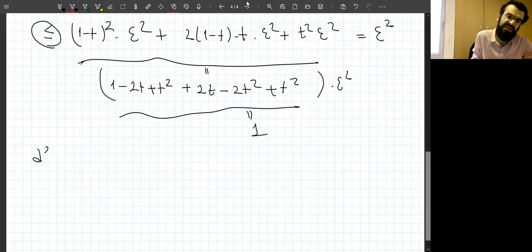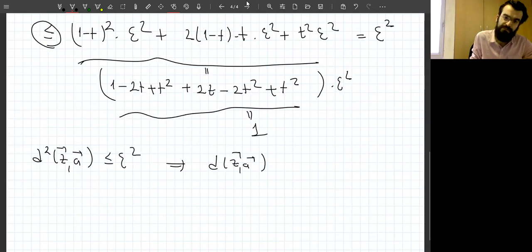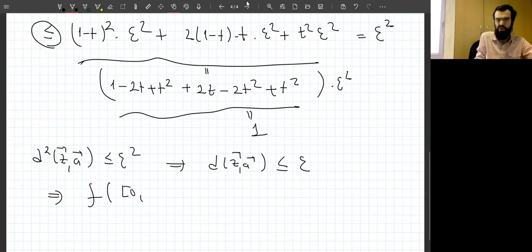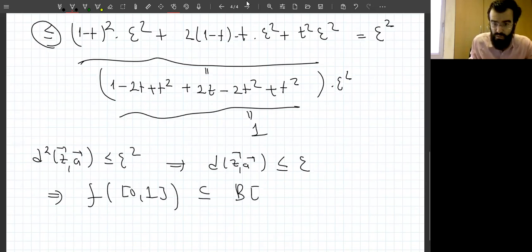We get d squared of z and a, it's a vector, implies, one more thing, so the set is contained in our closed ball.